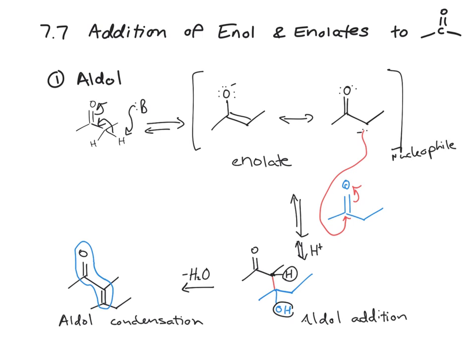So aldol additions and condensations are very important because you're forming a new carbon-carbon bond under very mild conditions. So some typical conditions are listed in Scheme 7.3 on page 684. And if you remember from the aldol condensation that we did in lab last year, that was at room temperature with 10% sodium hydroxide, 10 mole percent or so. So pretty mild conditions for forming carbon-carbon bonds.